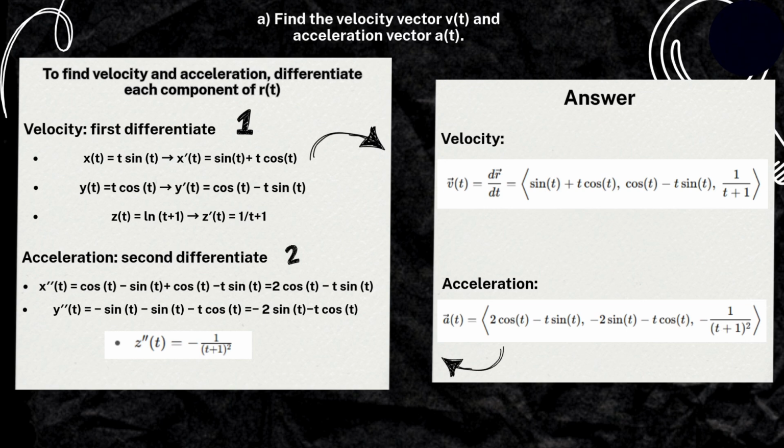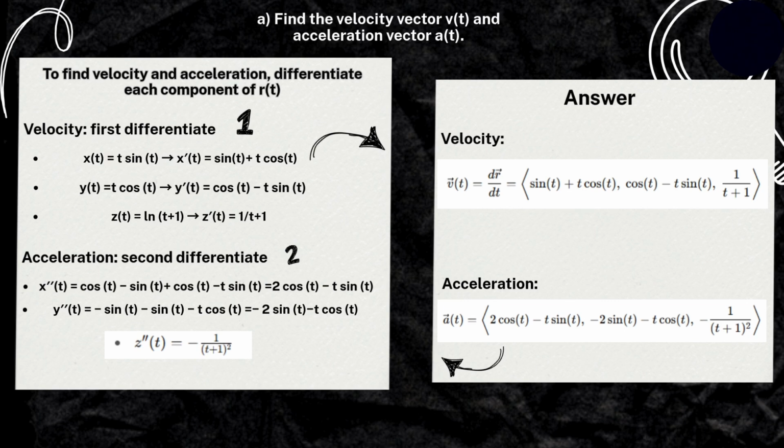For velocity, which is the first differentiation of r(t), we need to separate the function r(t) into x(t), y(t), and z(t). For x(t), which is t sin t, we differentiate and get sin t plus t cos t.